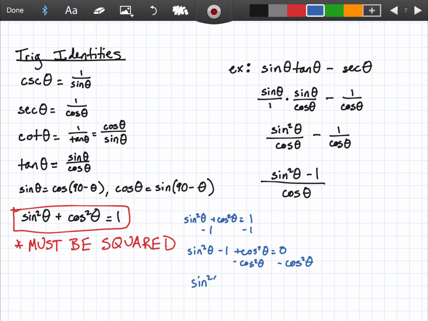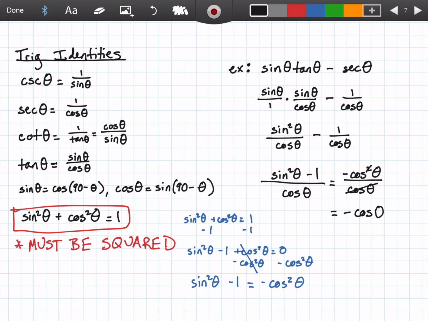So I get sine squared theta minus 1 equals a negative cosine squared theta. So on top there, I get negative cosine squared theta divided by cosine theta. Well, hey, that's like 2 cosines up top and 1 on bottom, so 1 is just going to cancel out. And I get negative cosine theta.